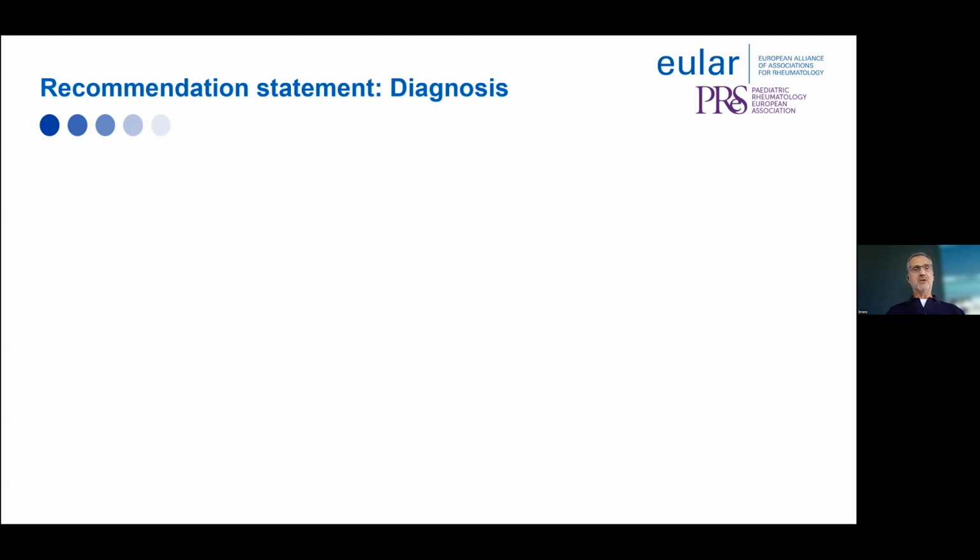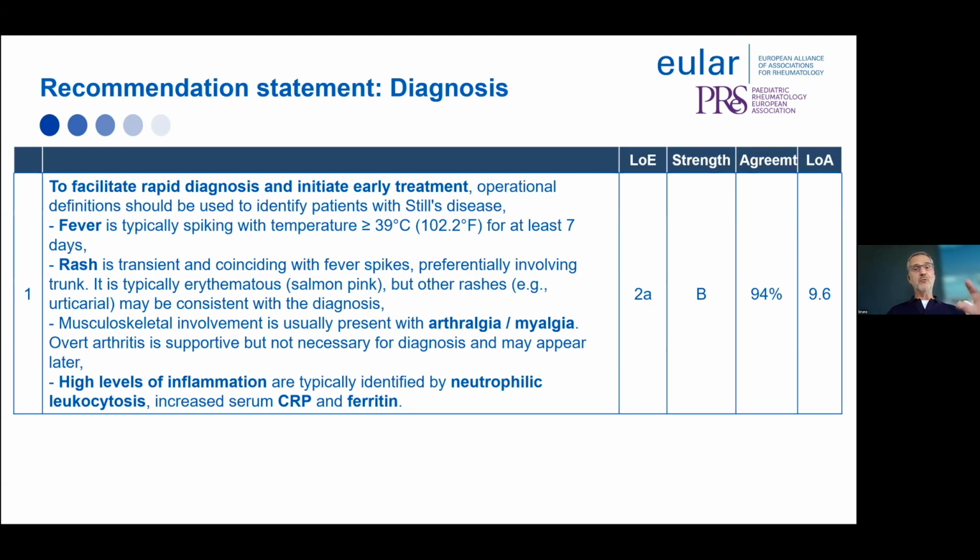In terms of diagnosis, we recall here the four pillars. This is a very practical recommendation, to say that arthritis is not absolutely needed. The idea behind it is not to lose time waiting for arthritis. And here we identified two very important biomarkers, CRP, as you know, and ferritin.